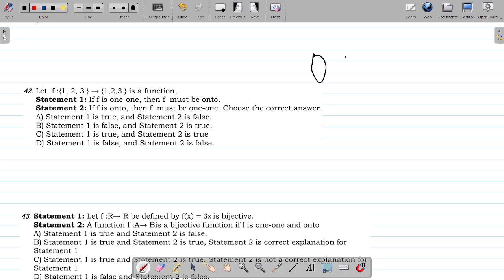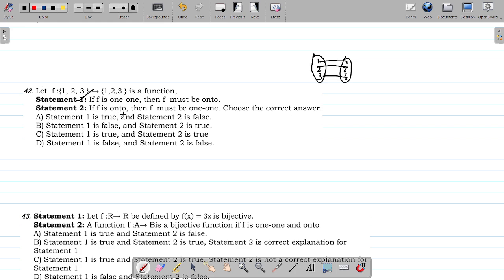For 1-1 you can write 1 related to 1, 2 related to 2, 3 related to 3, or else 1 related to 2. It is 1-1, understood, right? Means every element of the codomain has a pre-image. So statement 1 is correct.